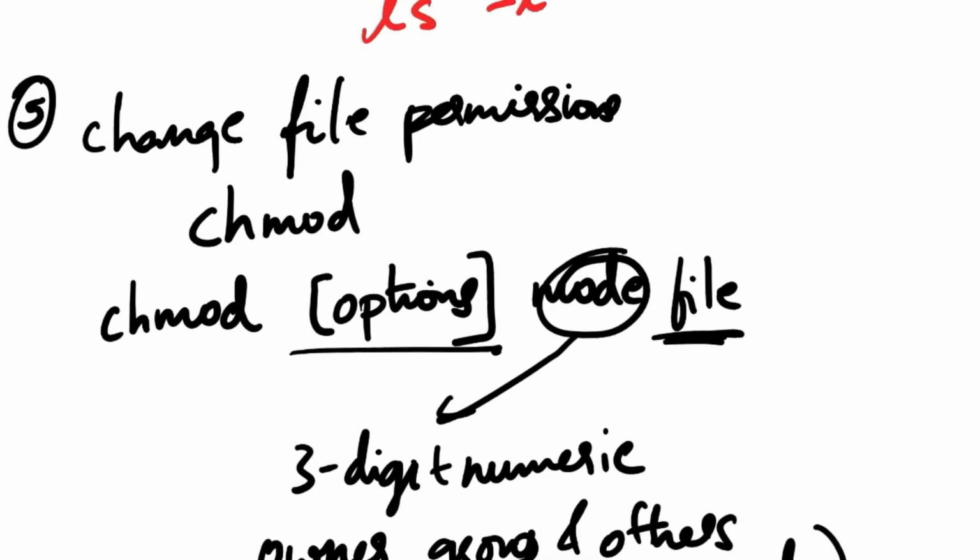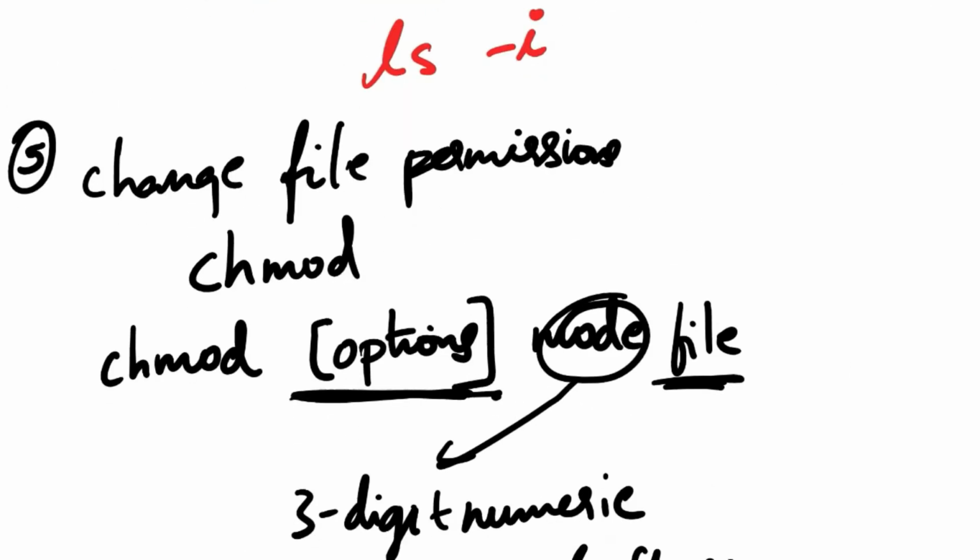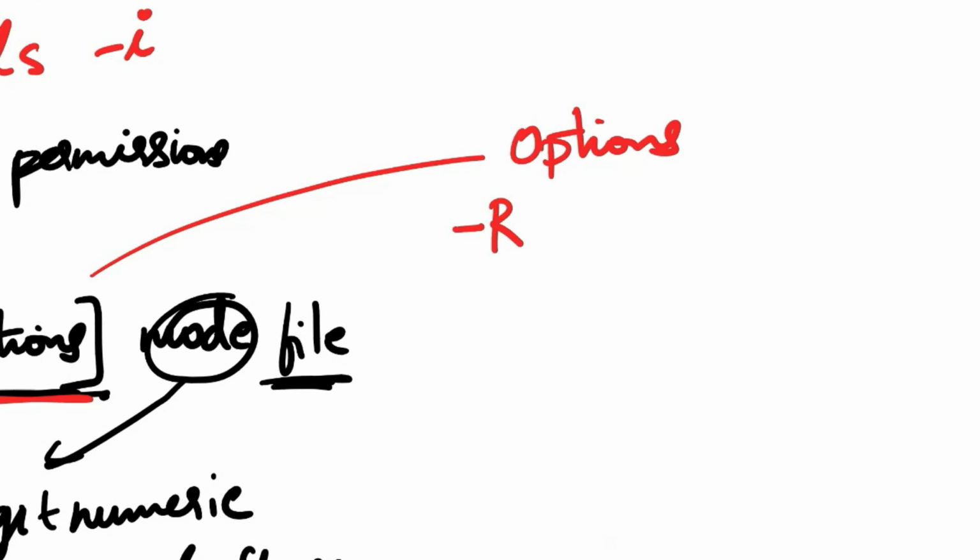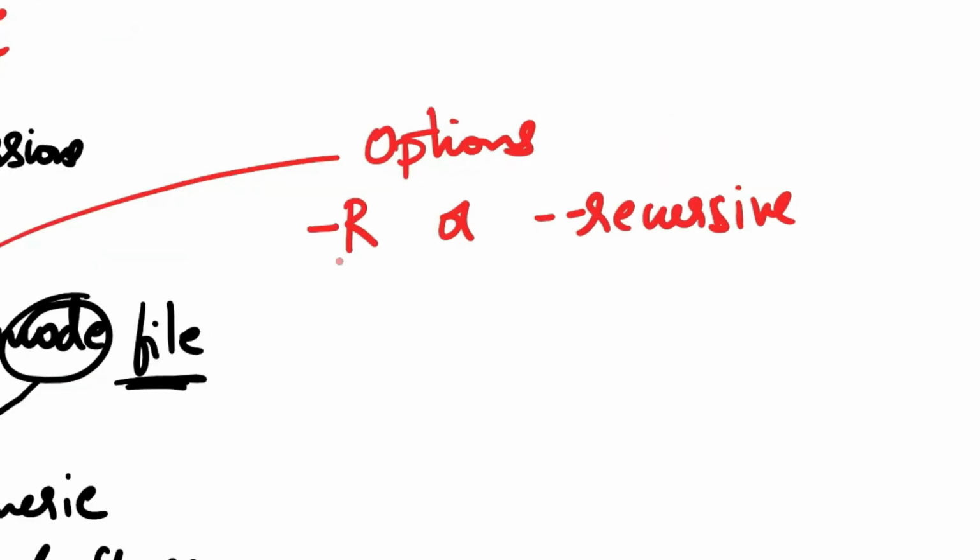Now let's look at the options. So here we said there are options, right? Let's look at what options you can use. Dash capital R, or you can say --recursive. If you use this option, it changes permissions recursively for all files and directories within a directory. Then you can use -v or --verbose.